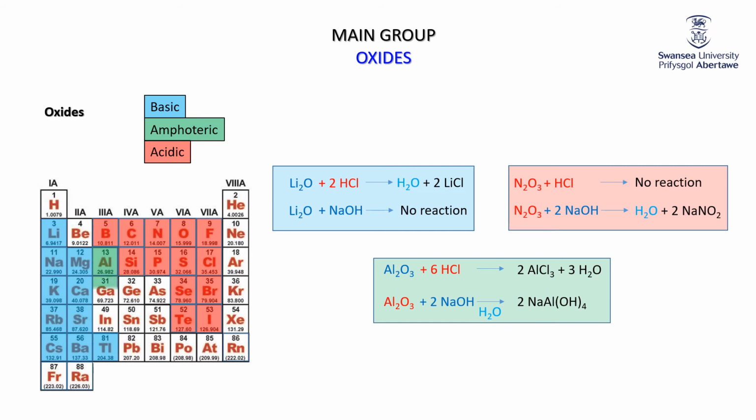Other amphoteric oxides: gallium, indium, tin, and lead, all other metals that have amphoteric oxides. Beryllium has an amphoteric oxide, and this is an example of that nice diagonal stuff that I'm going to keep referring to. A lot of times beryllium and aluminium do the same things. You'll see in other cases lithium and magnesium are kind of weird in the same way.